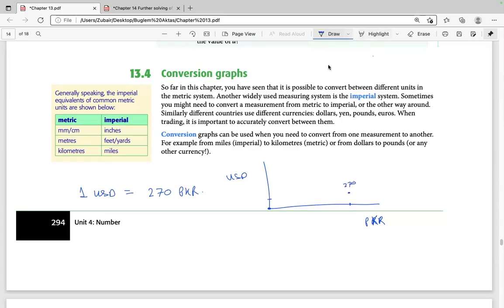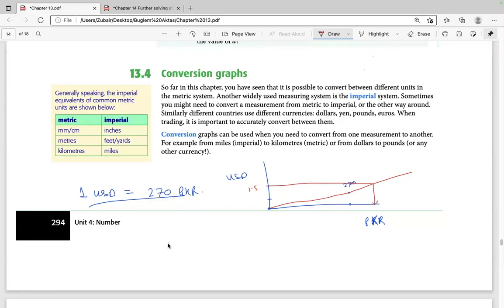So do you find any difference in this given data or the conversion graph? The graph can show more values, but it's still the same values. So basically, it is just the reading. We may ask what 1.5 USD looks like, so I'll just go to the graph and read the value.